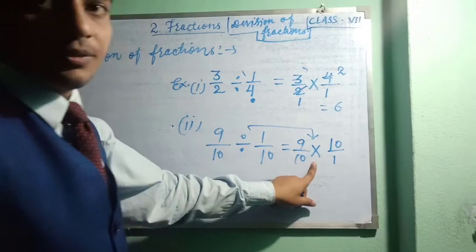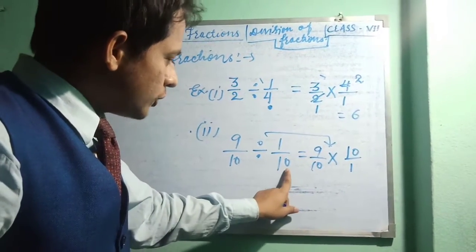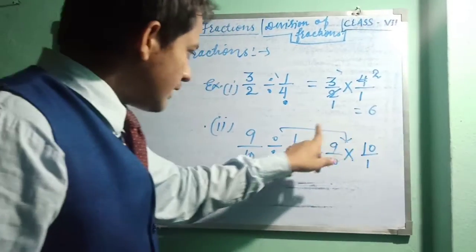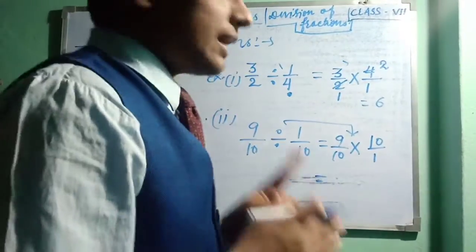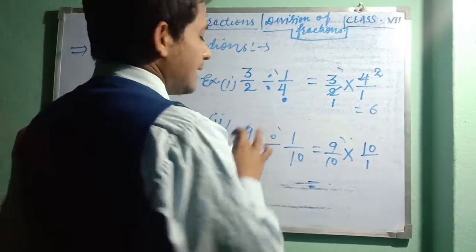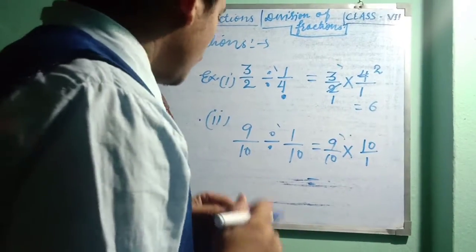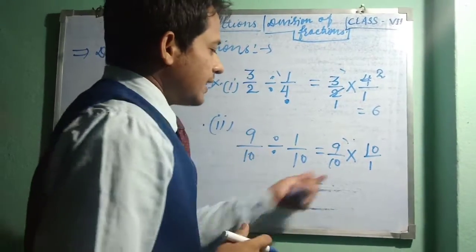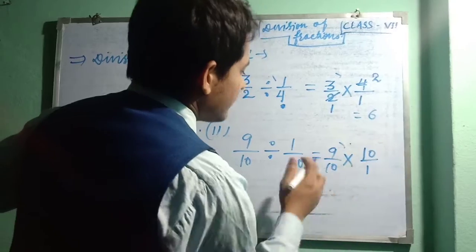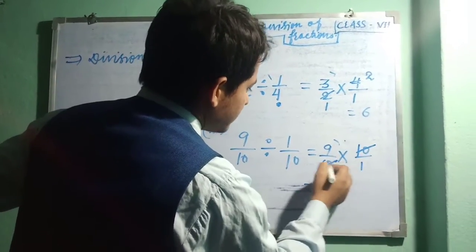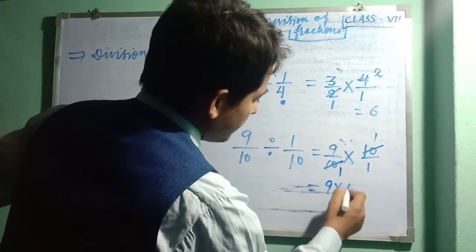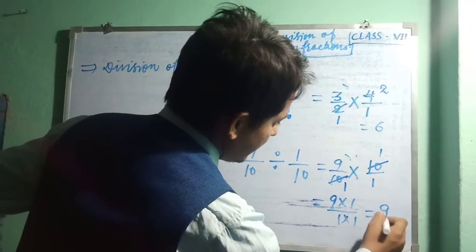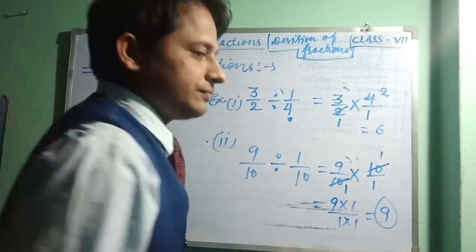Division becomes multiplication, and the denominator becomes numerator and the numerator becomes denominator. Now we follow the same way that I taught in the previous video lecture on how to multiply two fractions. This will get cancelled, 10 1s are 10, and 9 multiplied by 1 becomes 9, 1 is hidden. Okay, this is your answer.